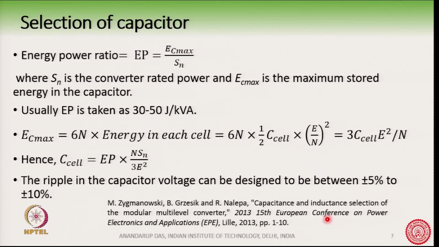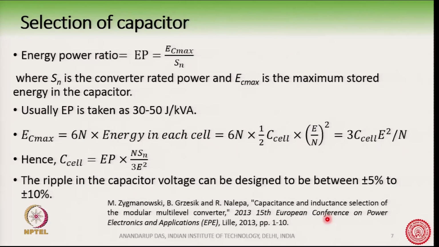In order to design the capacitor, what we see first is to define something like an energy power ratio, EP, which is the ratio of the maximum stored energy in the capacitor to the converter rated power, EC max divided by Sn.